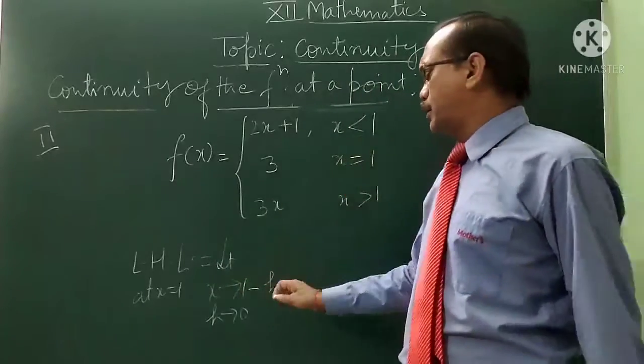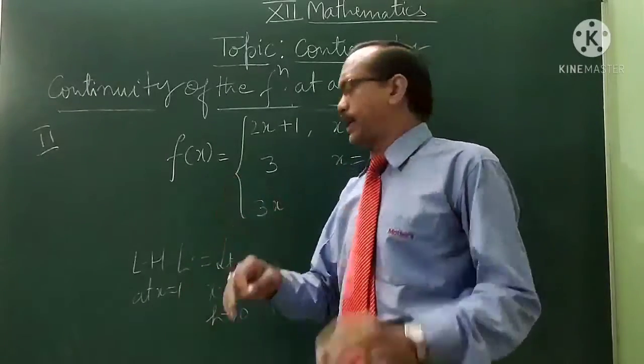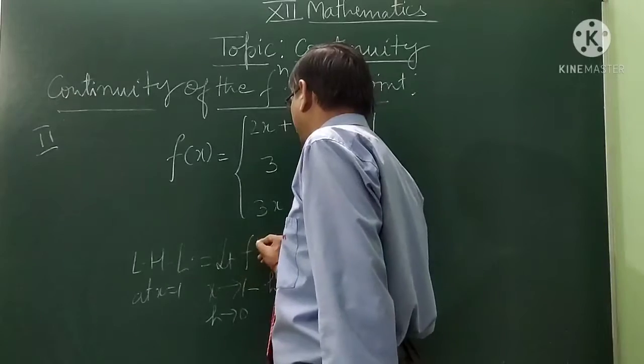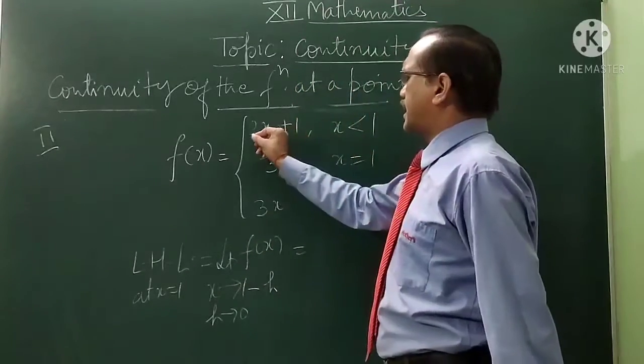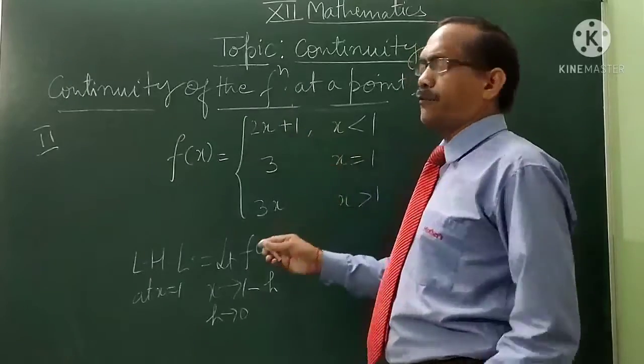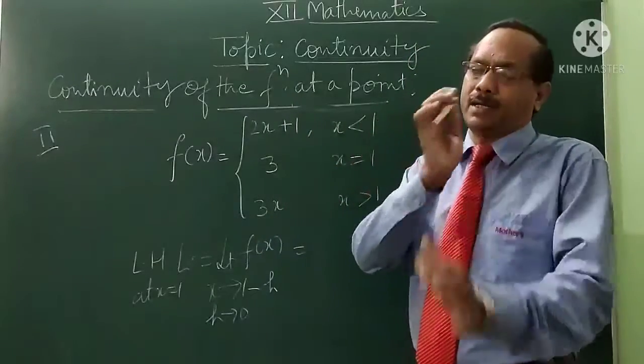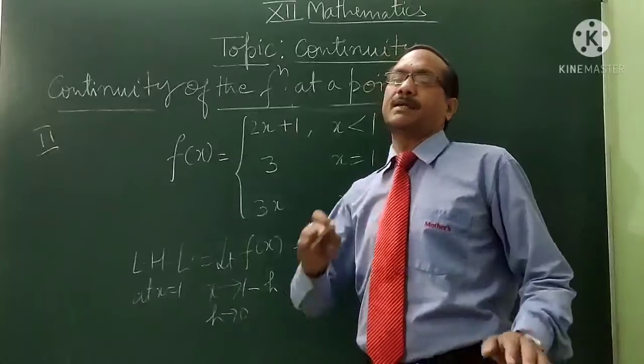We introduce h when we find the left hand limit of the function. Here the function is 2x plus 1 because x is less than 1. 1 minus h means less than 1.